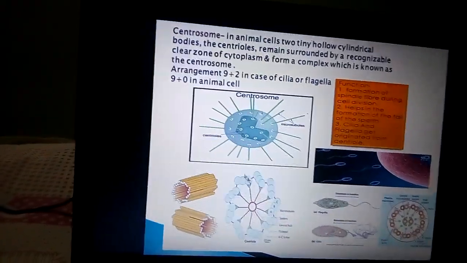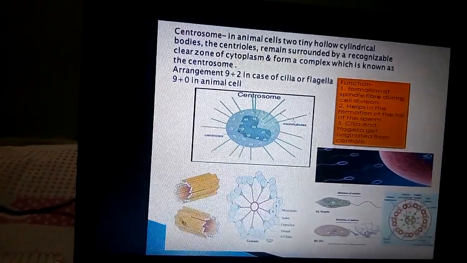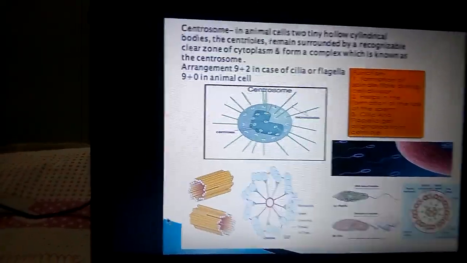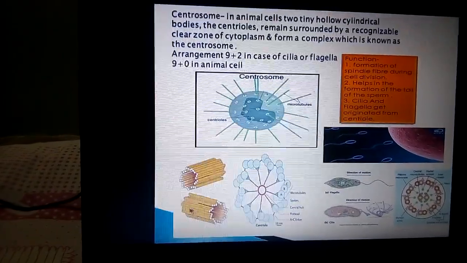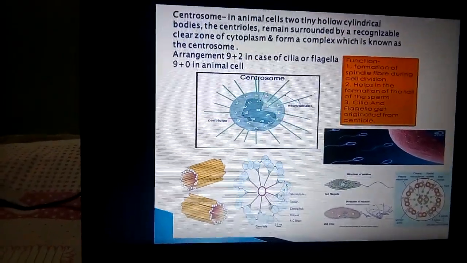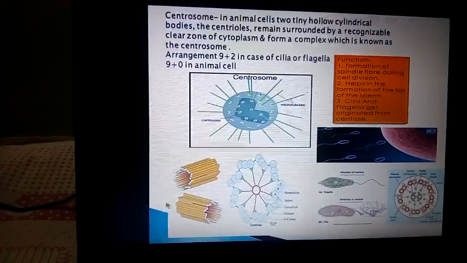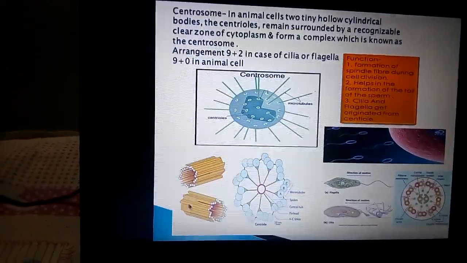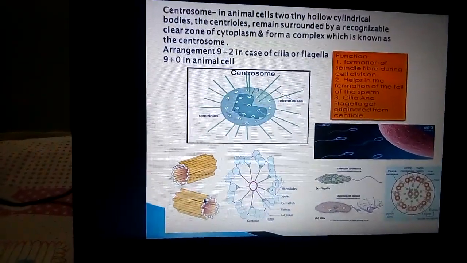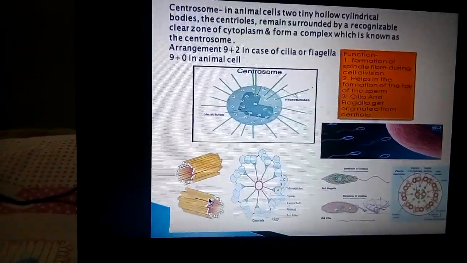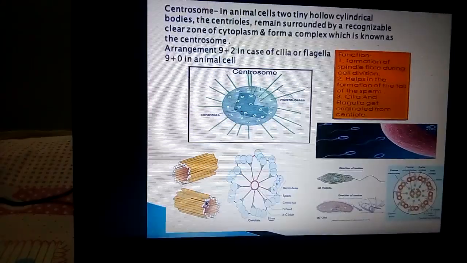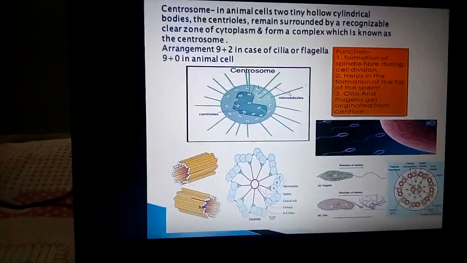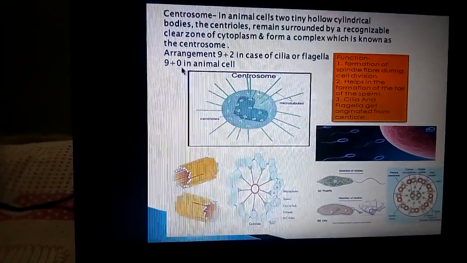If we see the ultrastructure of the centriole, the wall of a single centriole is formed of 9 triplets of microtubules. Each microtubule is composed of 3 subtubules, and therefore it is called a triplet. This is found in animal cell.